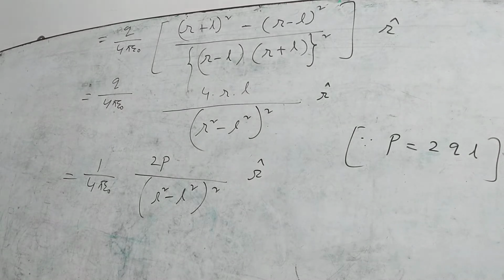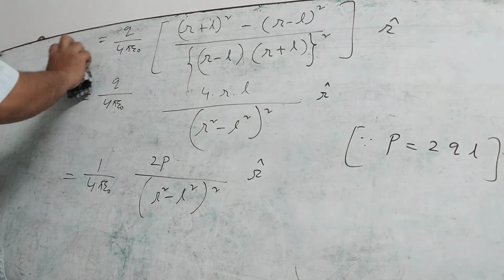This is the electric field produced at the point C due to the electric dipole. Okay, next topic.